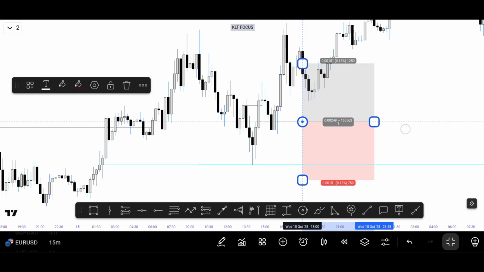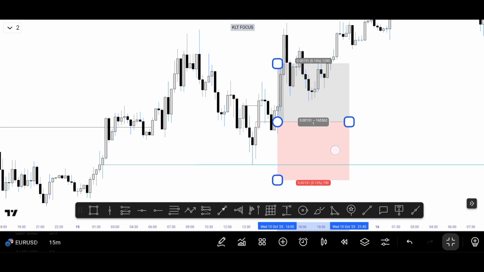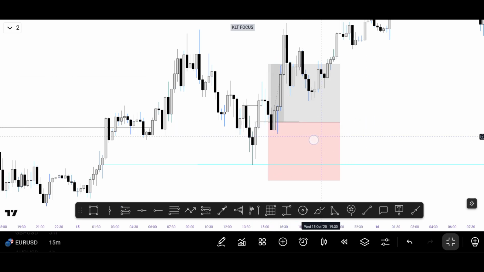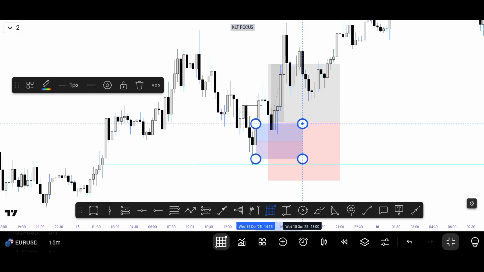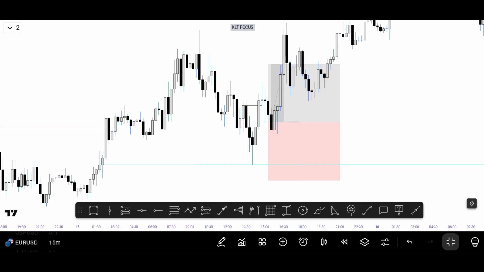In SnR, we consider this kind of entry candle here an engulfing candle, an ISL, showing the market is working with this candle. So that would have been the entry.